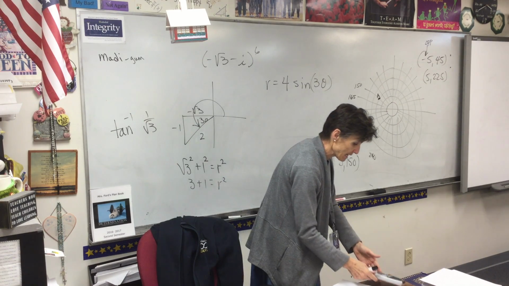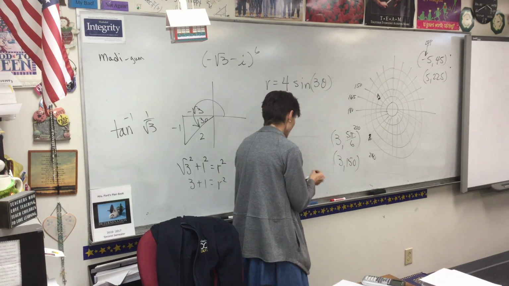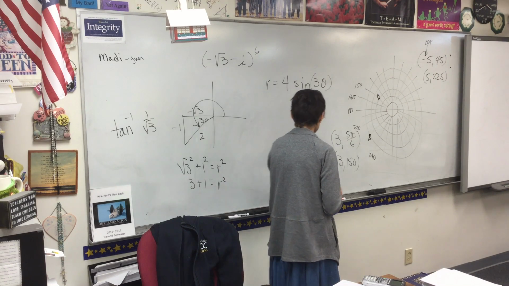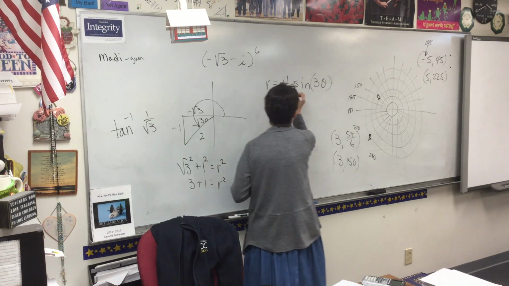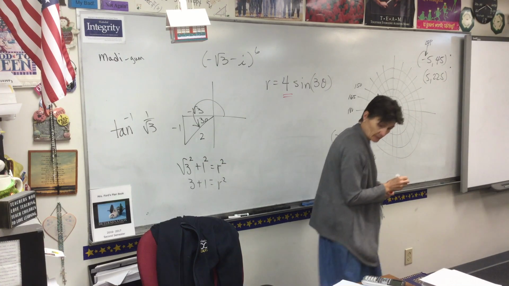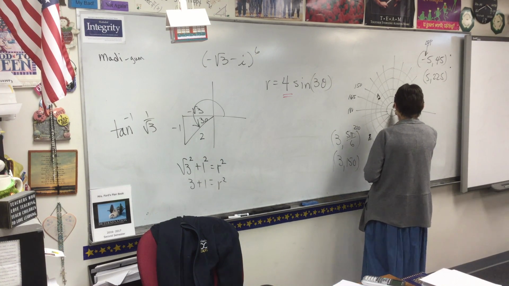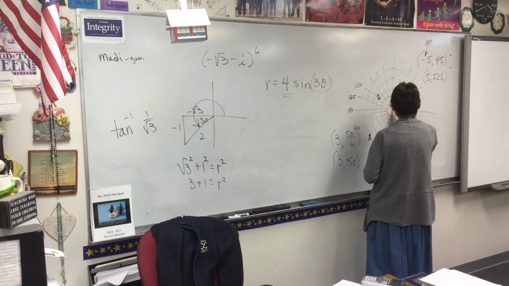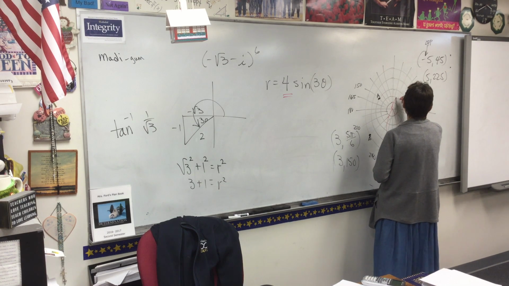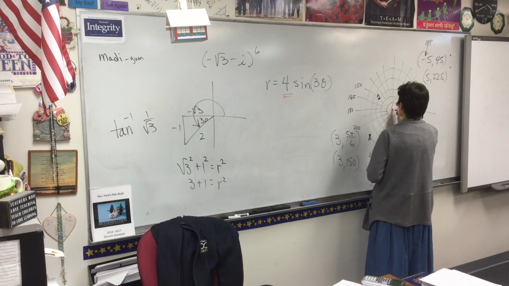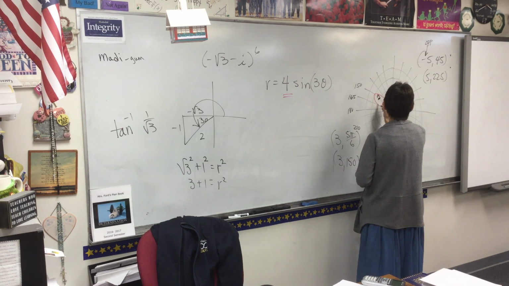You should be able to tell from your picture, or certainly from the equation, that the leaves are 4 units long. So you've got one straight down, and then you've got one out this way, and one out this way.